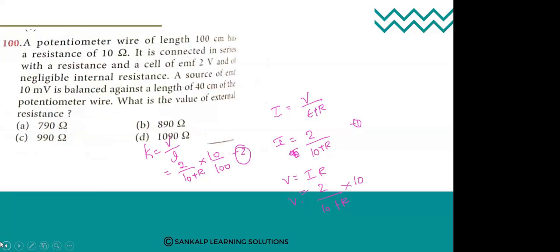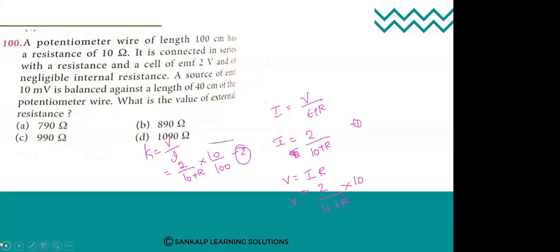Here actually in the question they have to specify the potential gradient value. It is given or what, you check. Source of EMF 10 millivolt is balanced against the length of 40 centimeter of the potentiometer wire. What is the value of the external resistance? Here actually we require the potential gradient value here, students.